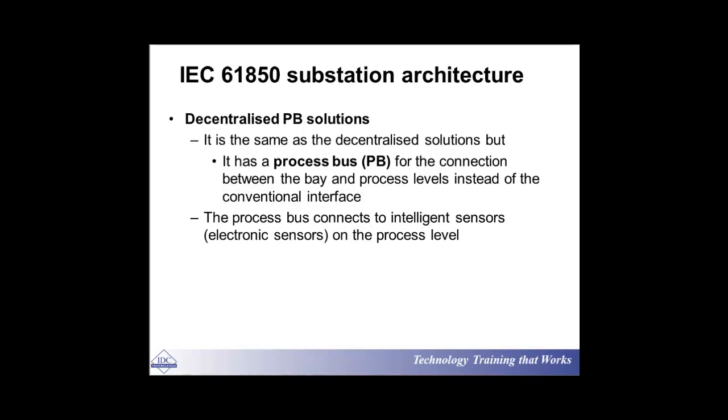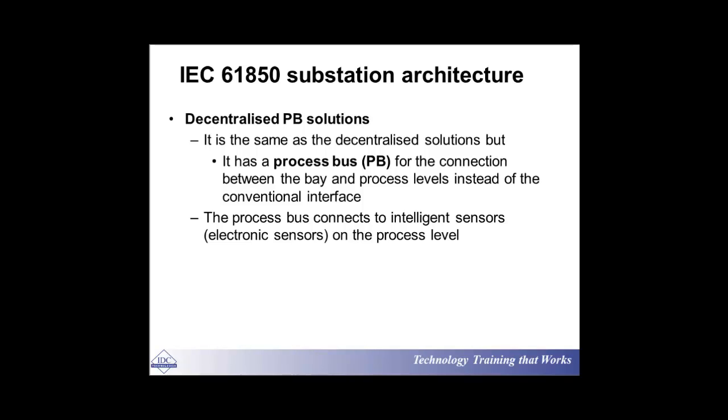Again, regarding that decentralization, we have some derivatives. It says decentralized PB solution, or process bus. So not for the whole system, not for the whole IEC 61850, but just for the process bus, we can have it decentralized.